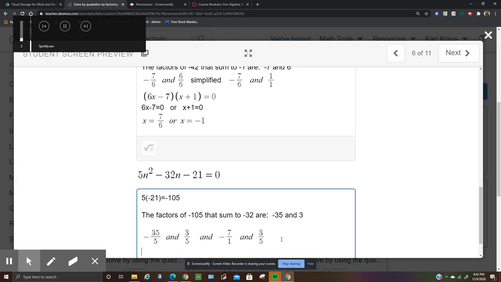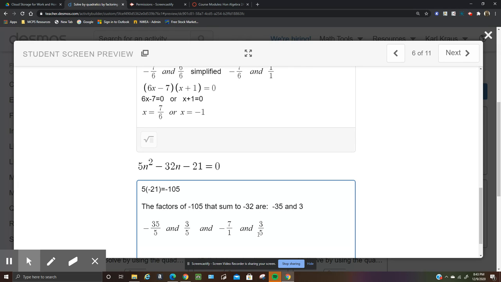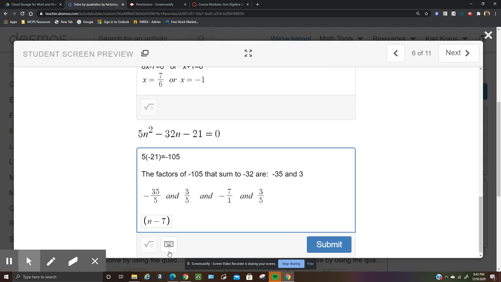So the factor form is going to be x minus 7 times... well, it's n, so let me use that. So (n minus 7)(5n plus 3) equals 0.